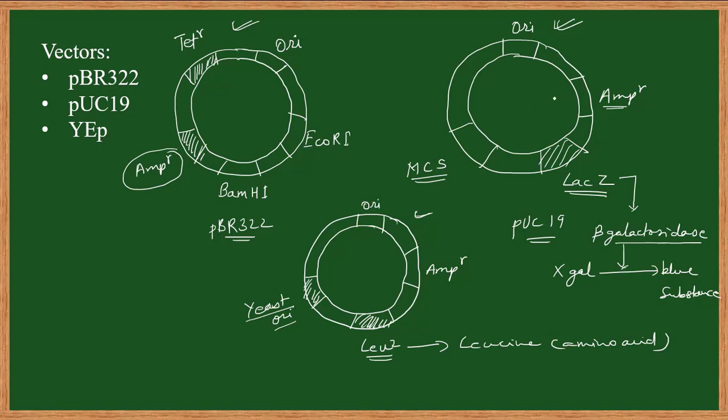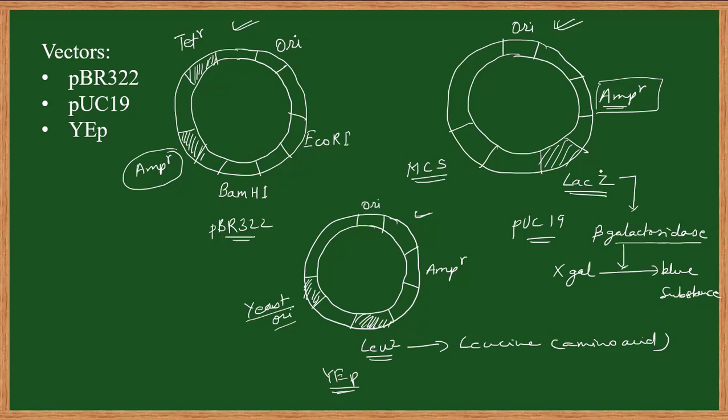Second is pUC19. This one has the ampicillin resistance gene. In the presence of the antibiotic ampicillin, cells containing this vector will grow.